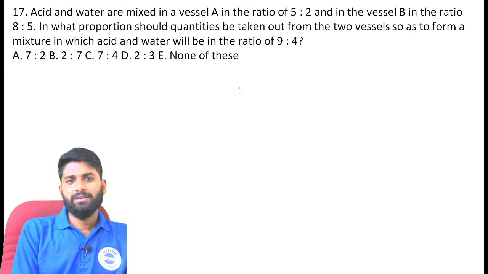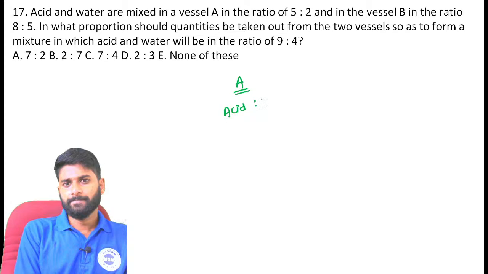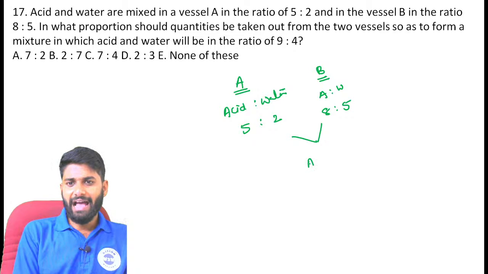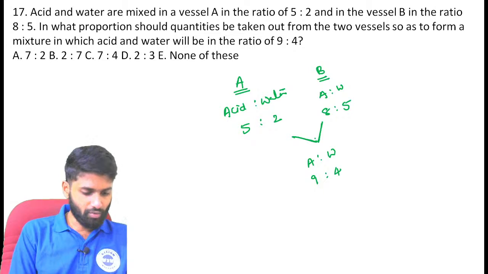Now see, there is a vessel A, the ratio of acid to water is 5:2, and there is a vessel B, acid to water, 8:5. In what ratio should we mix these two quantities to get the final acid to water ratio of 9:4? We are taking from the A vessel and the B vessel. So what is that quantity?